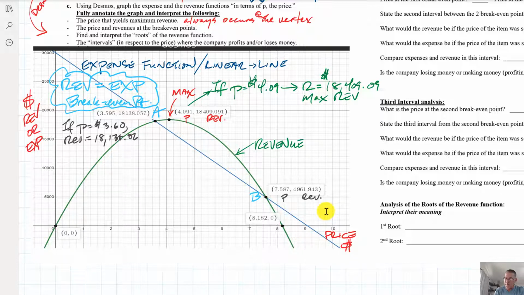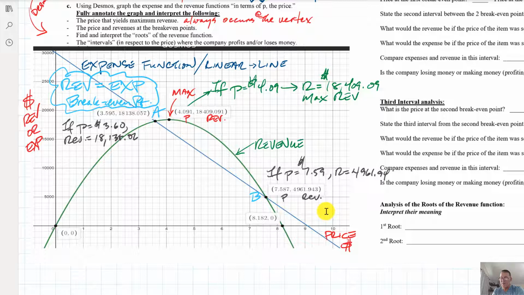The second break-even price on the right tells me that if the price is set at $7.59, then the revenue and the expense will be the same, and it will be a lot lower in this case, which would be $4,961 and it looks like 94 cents.